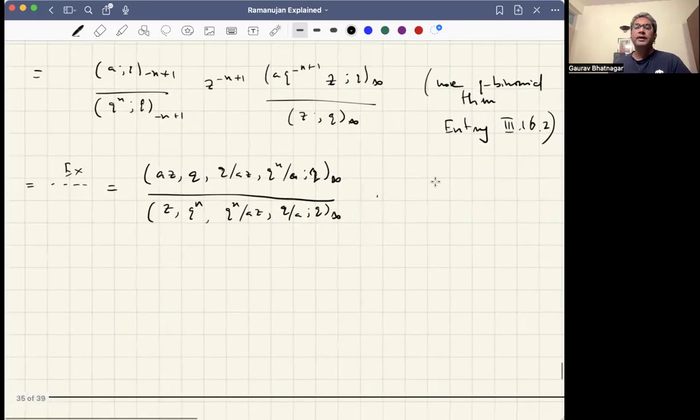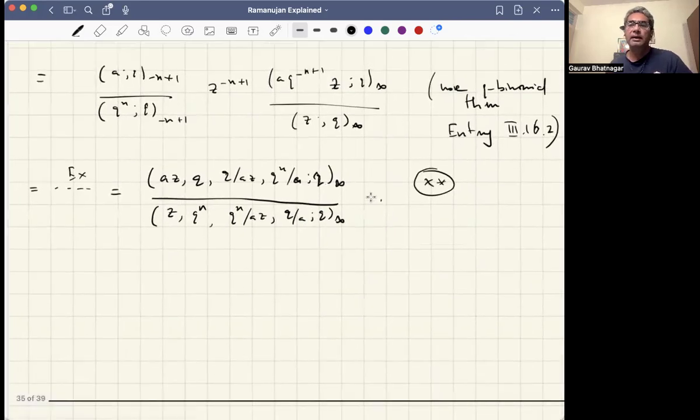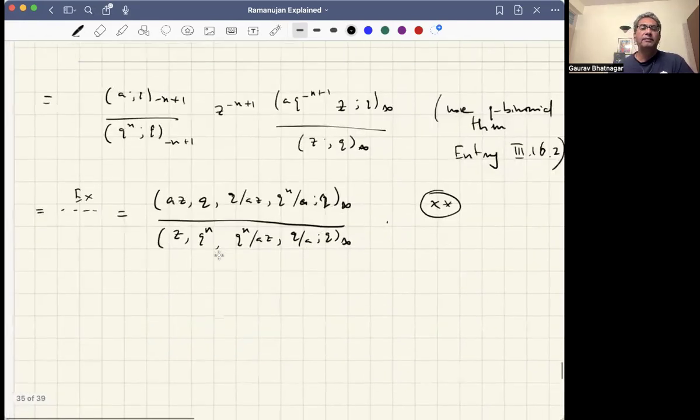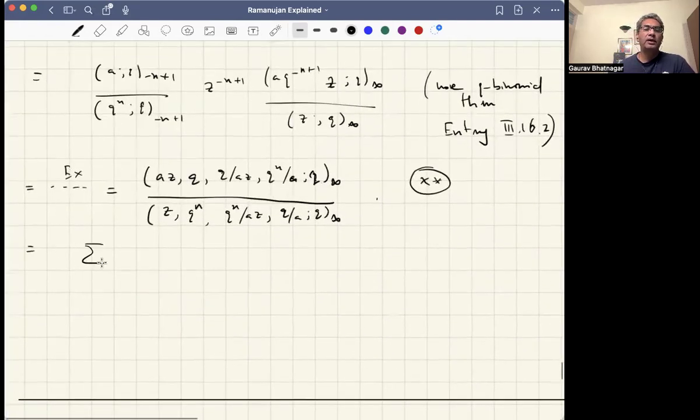So let me call this double star. So we get this is equal to the sum over k going from minus infinity to infinity, (a;q)_k over (q^n;q)_k z raised to the power k.